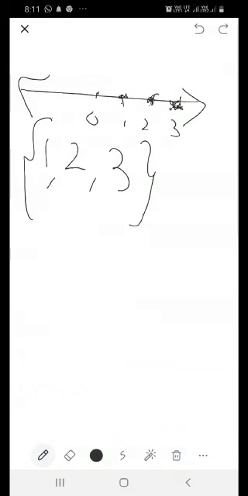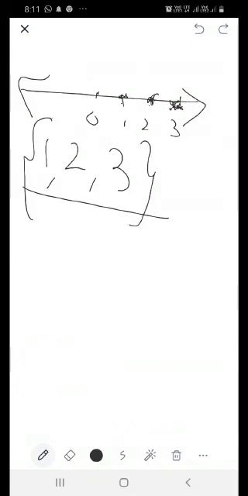This is how you are going to show the number line of natural numbers, integers, whole numbers, because you can write the roster form of the natural numbers, whole numbers, and integers.